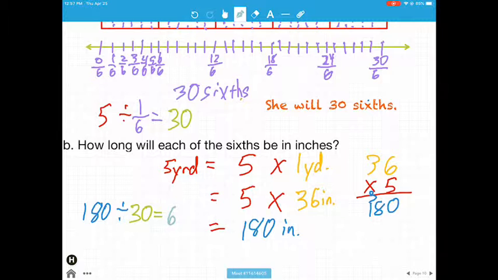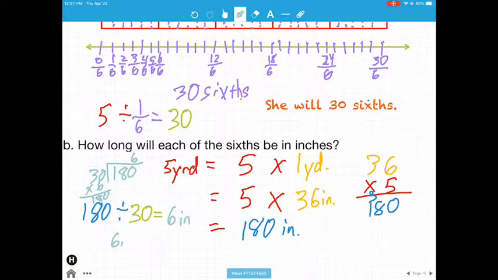It's the same thing as 180 divided by 3. I will do it over here. This is 6, because 6 times 30 will give me 180. So each one is 6 inches.